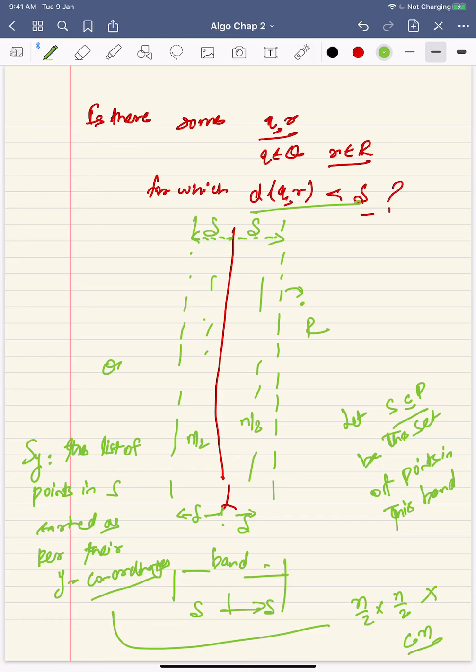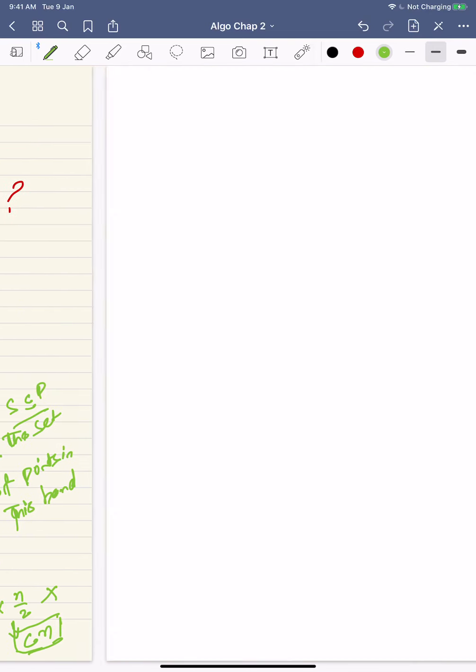If I can change from n by 2 cross n by 2 to Cn, then I am done. Then it will be like merge sort: T(n) is 2T(n/2) plus Cn, and I will get an order n log n complexity, better than n square. So can I ensure that the number of comparisons I have to do in this band is at most a constant? That's what we are doing.